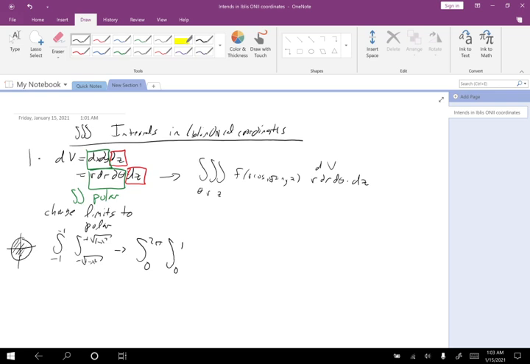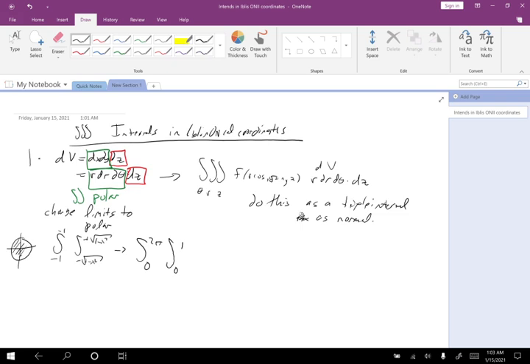So then you just do this as a triple integral like as normal. Now that we've done the change, you just evaluate this integral and crunch it out.